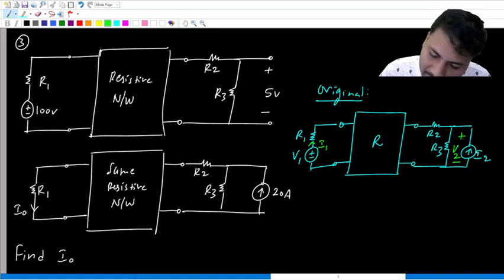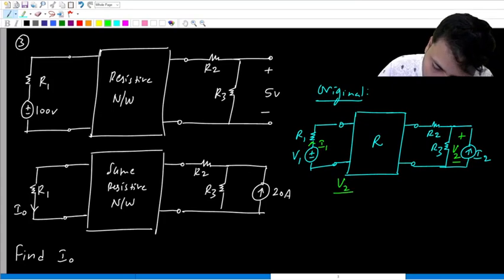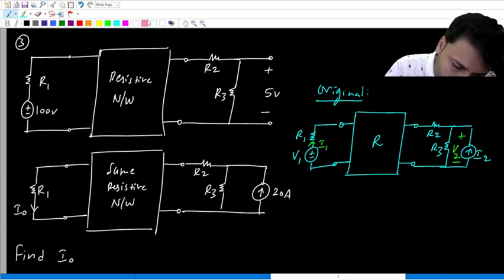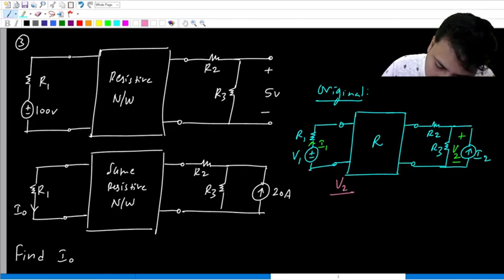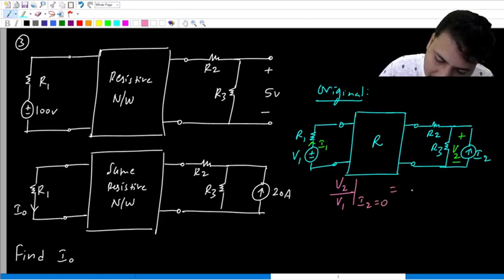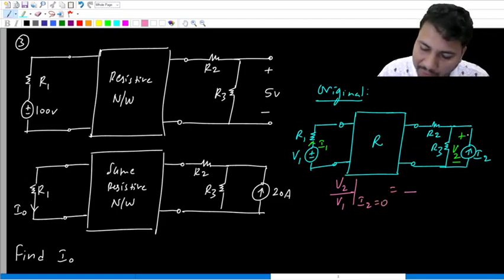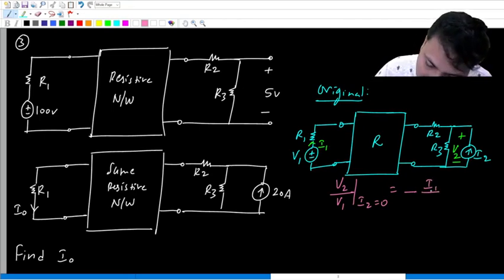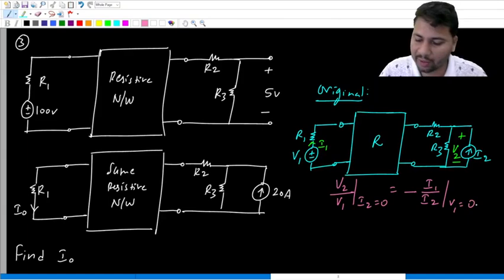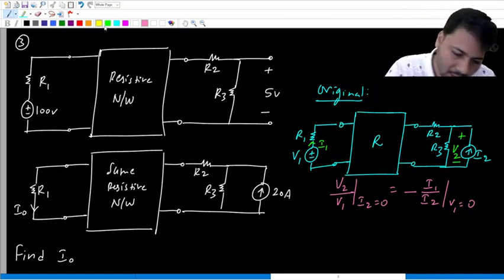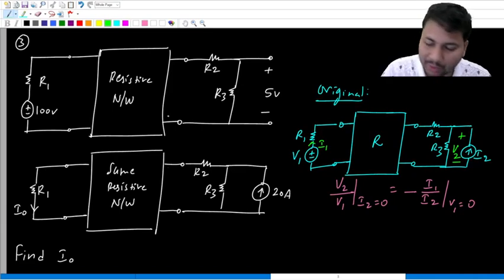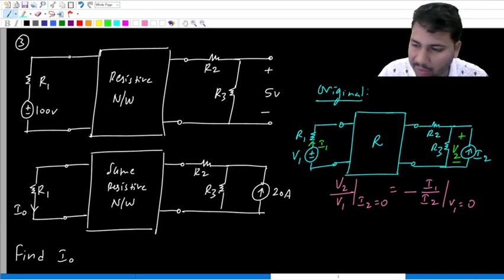So in one experiment, current source I2 becomes 0 or open, then that open circuit voltage V2 divided by the other voltage source V1 when I2 is made 0 is the negative of the other ratio. When voltage source V1 becomes 0, it becomes short. So I1 by I2 when V1 is made 0. That's all. Now you have to compare this result with the two experiments that are given in the question.